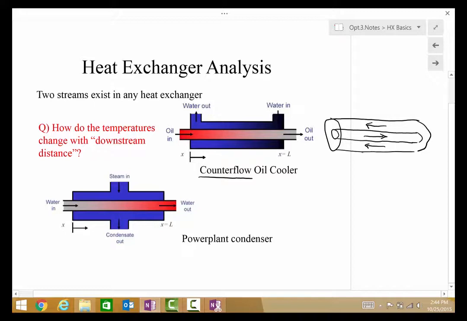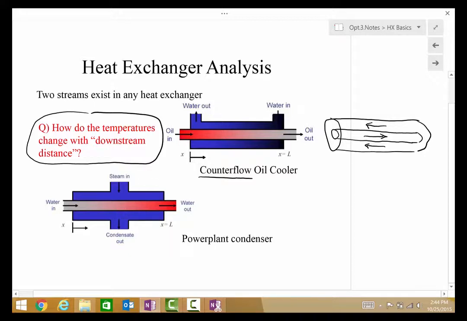The temperature distribution in a counterflow exchanger is going to be very different from a co-flow exchanger, and what we want to know oftentimes is how the temperatures change with downstream distance. For a condenser system, this is really neither a counterflow or a co-flow. We might have steam coming in and condensate going out, and this might be a simplification of a problem because that phase change process allows us to have a constant temperature on the shell side.